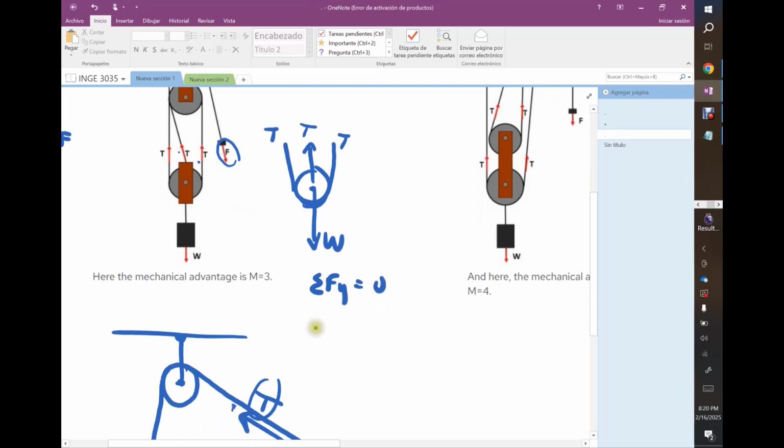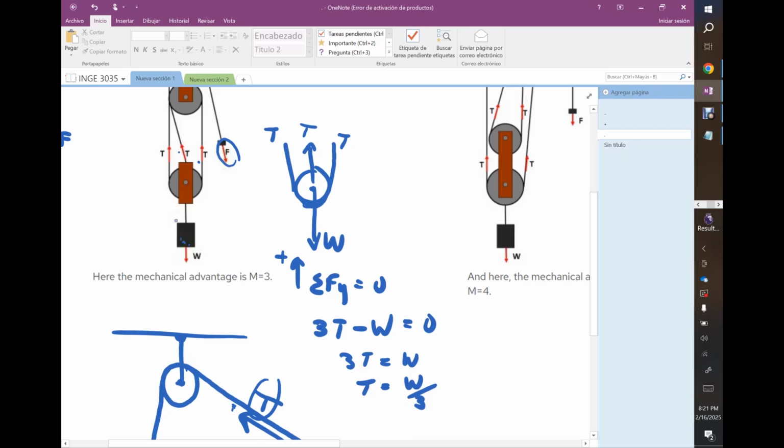What we are saying is that 3T, going positive up, minus W that is going down, equals 0, or 3T equals W, or T equals 1/3 of the weight of the box. So you have basically reduced the weight of this box by 1/3. That's basically what I'm saying here.